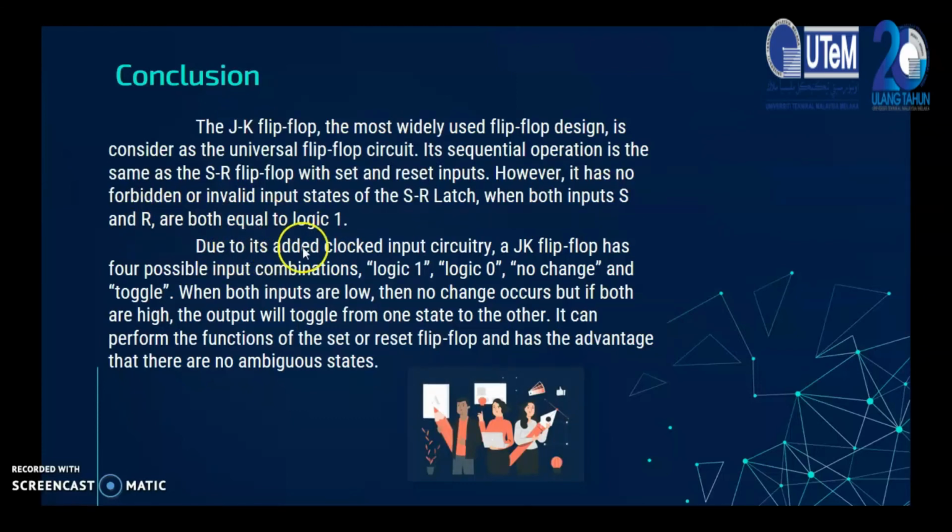Due to its added clock input circuit, a JK flip-flop has possible input combinations, which are logic 1, logic 0, no change, and toggle. When both inputs are low, no change occurs, but if both are high, the output will toggle from one state to the other.